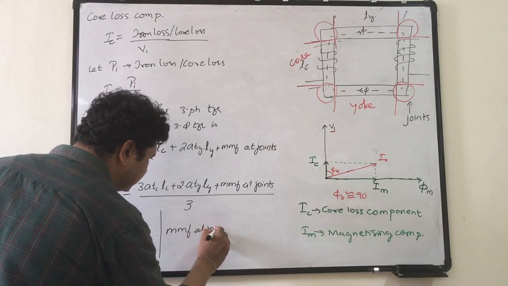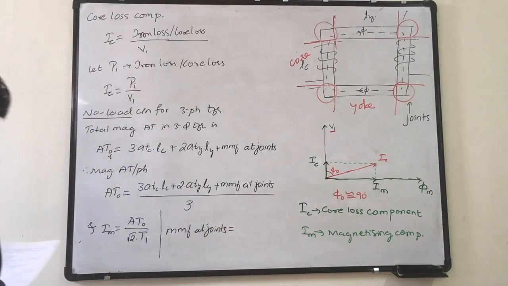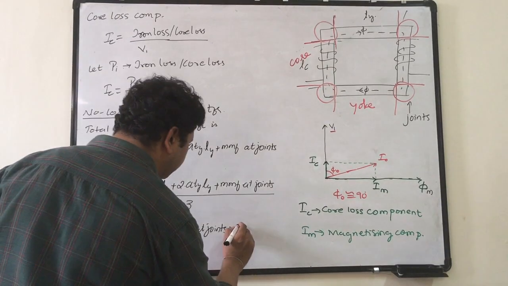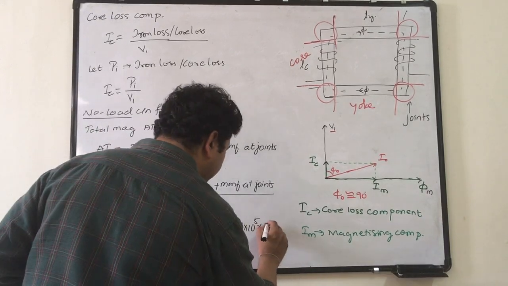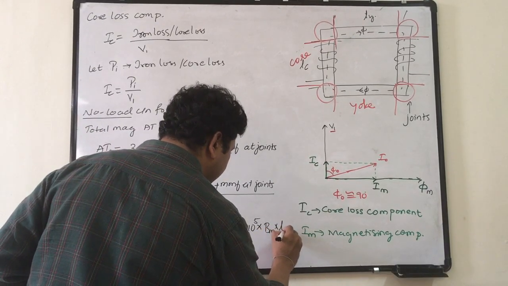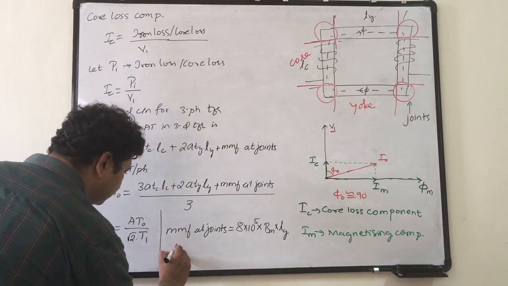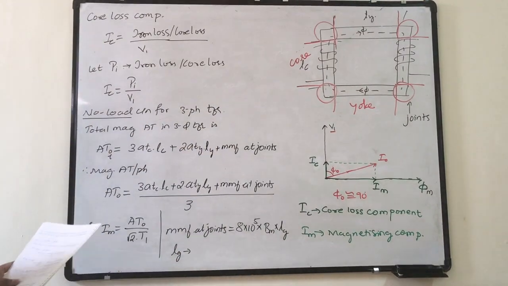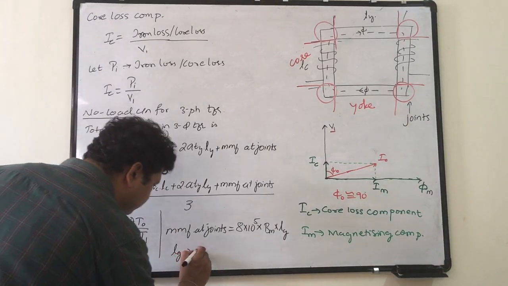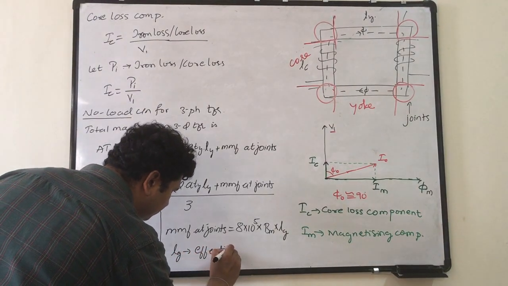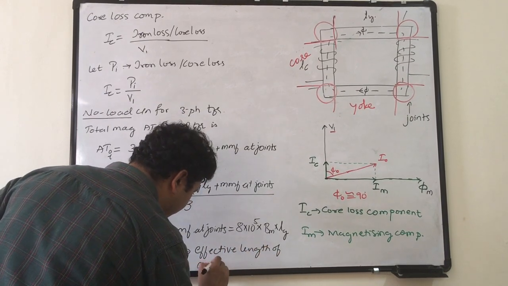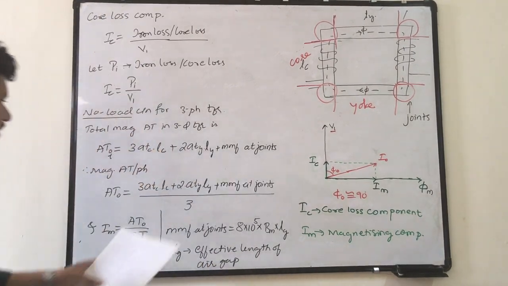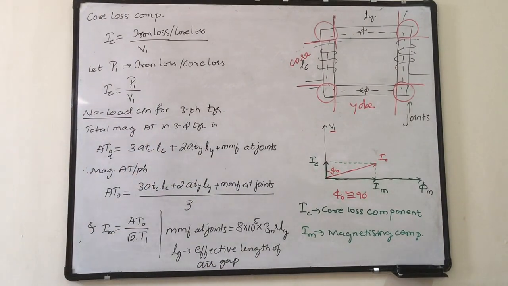MMF at joints is equal to 8 into 10 to the power 5 into Bm into Lg, where Lg is the effective length of air gap. A similar equation with the same constant terms was used for the length of air gap in a DC machine.